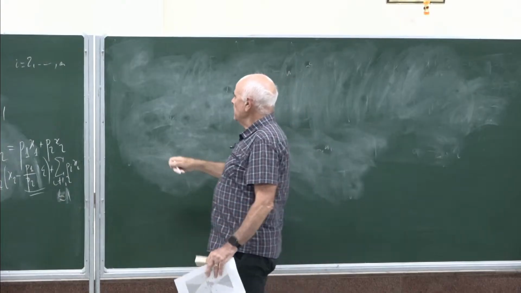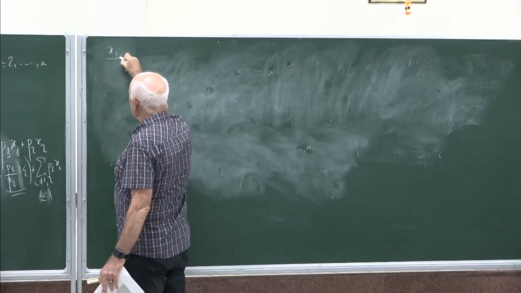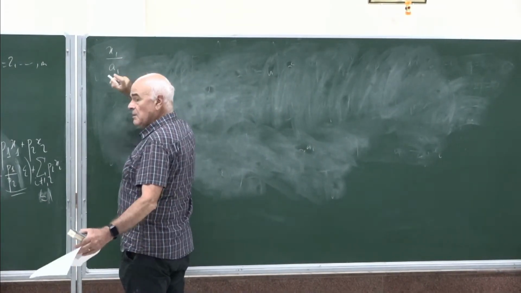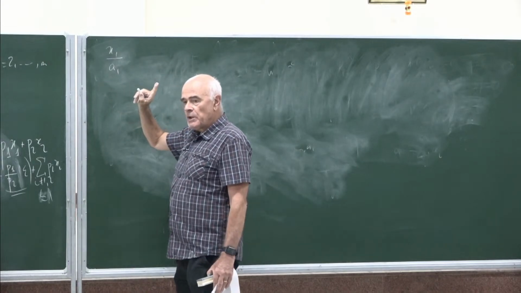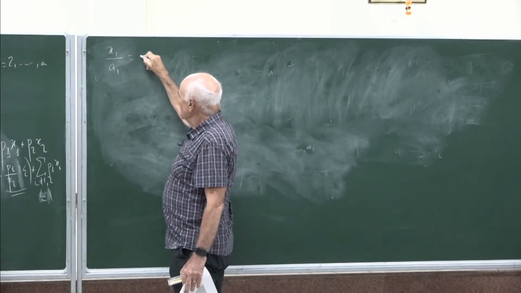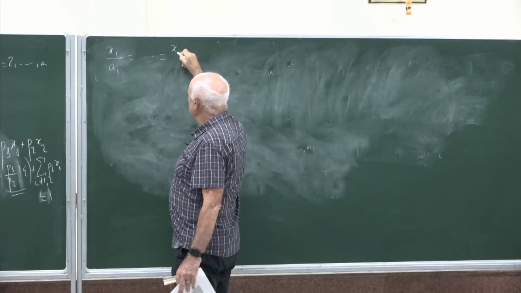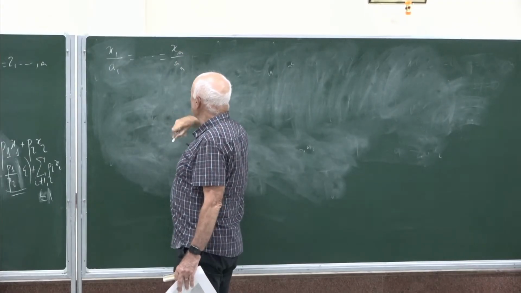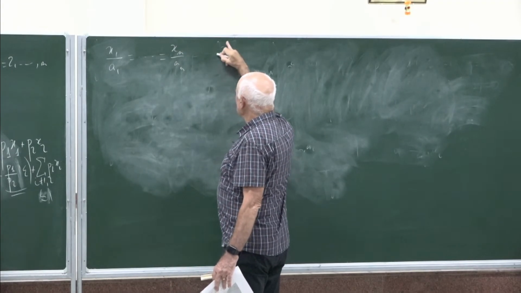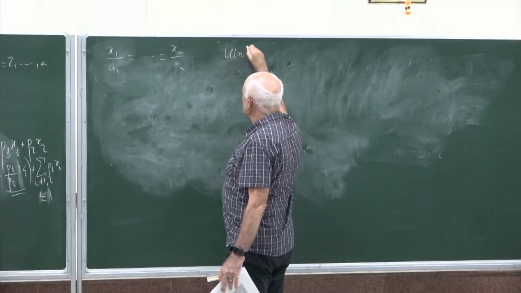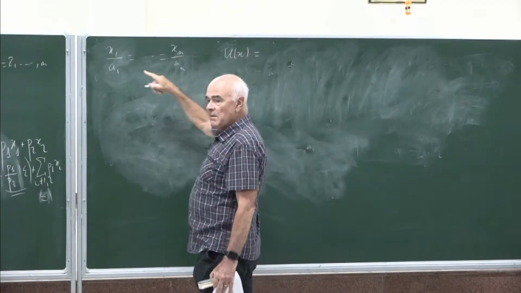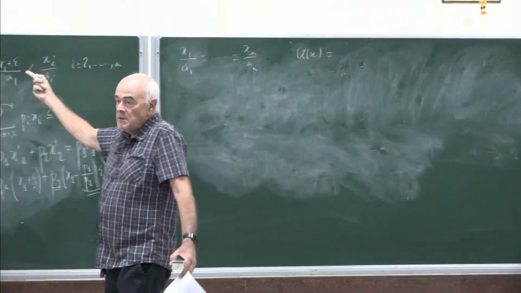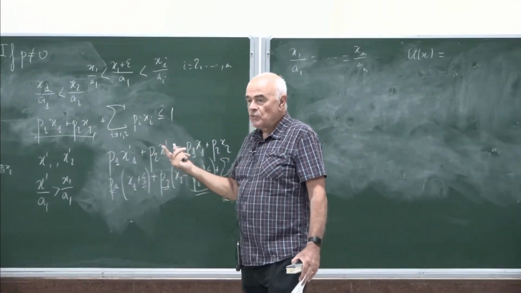So this means we have x1. We can restrict our attention to the case when all these ratios are the same. So we have that u of x, which is the minimum of all of them, is each of them.